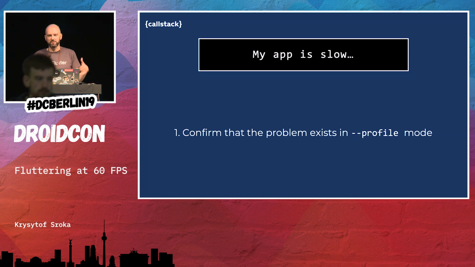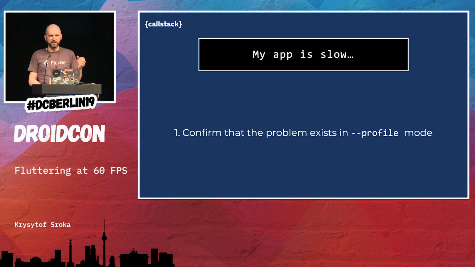One is release, when you try to distribute an APK or, on iOS, another file. Sorry, I'm not an iOS developer. And there's a profile mode, which is basically a release mode, but it allows us to gather profile data. And I'll soon show you how this profile data looks.